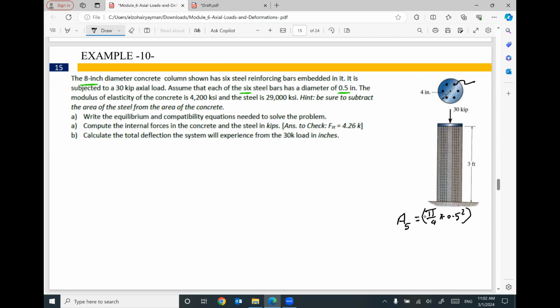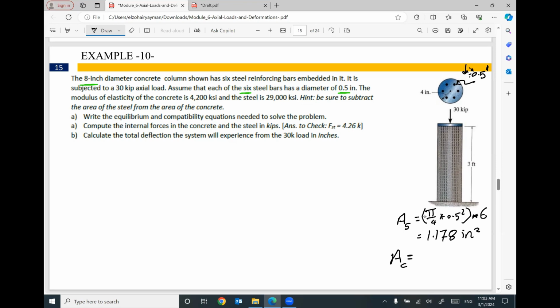Since we have 6 rebar, I'm going to multiply it by 6. So the area of steel will equal pi divided by 4 times 0.5 squared times 6, so it will be 1.178 inch squared.